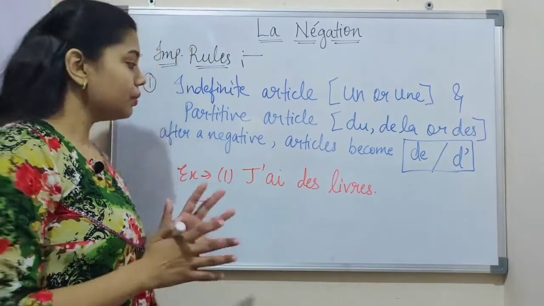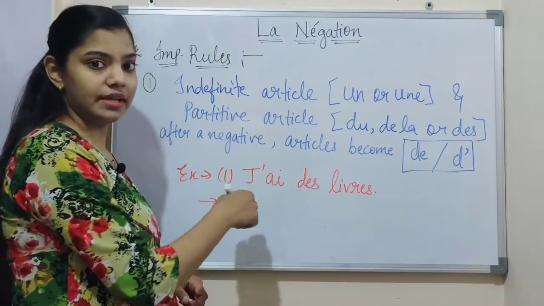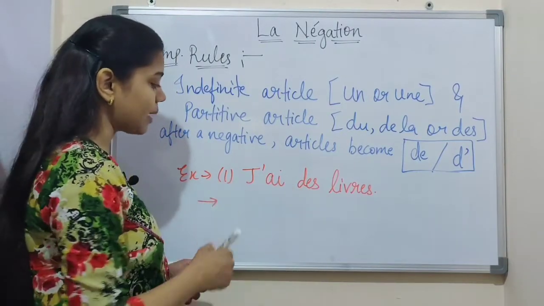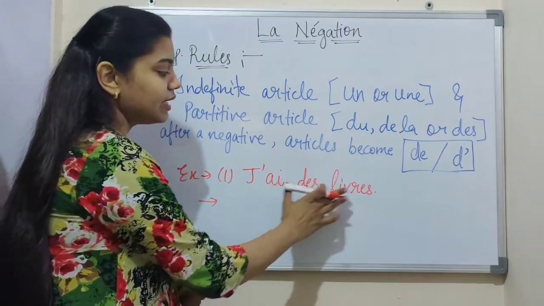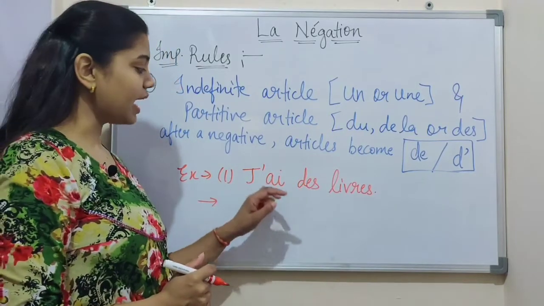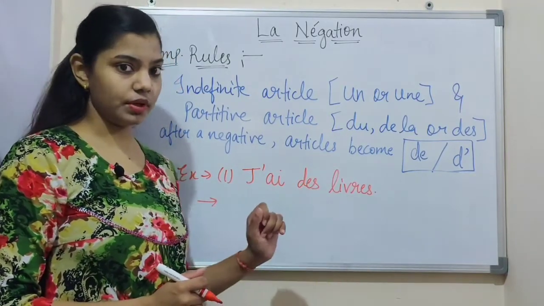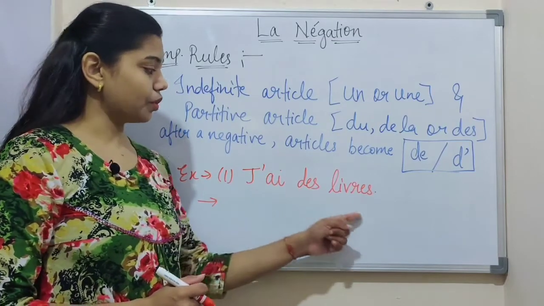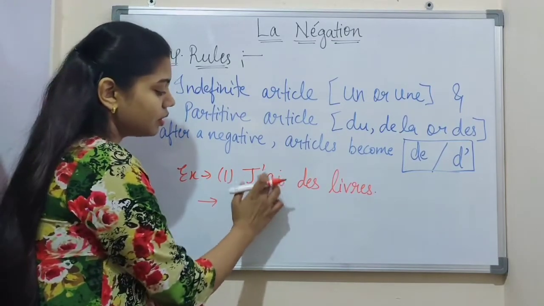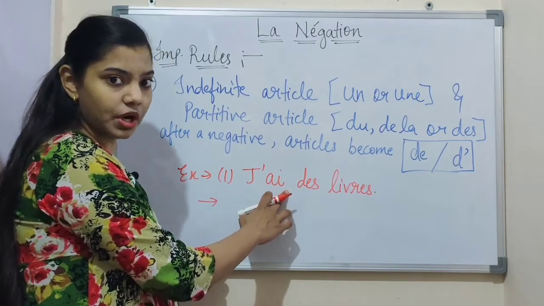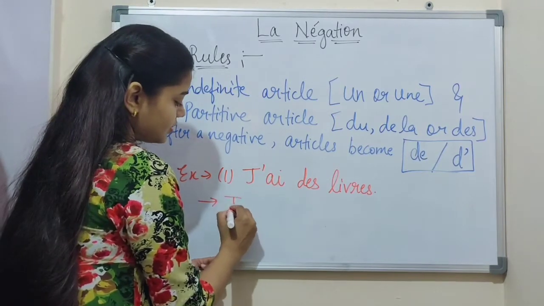Now let's see an example. First example, j'ai des livres. That means I have some books. What is the verb here? Avoir.